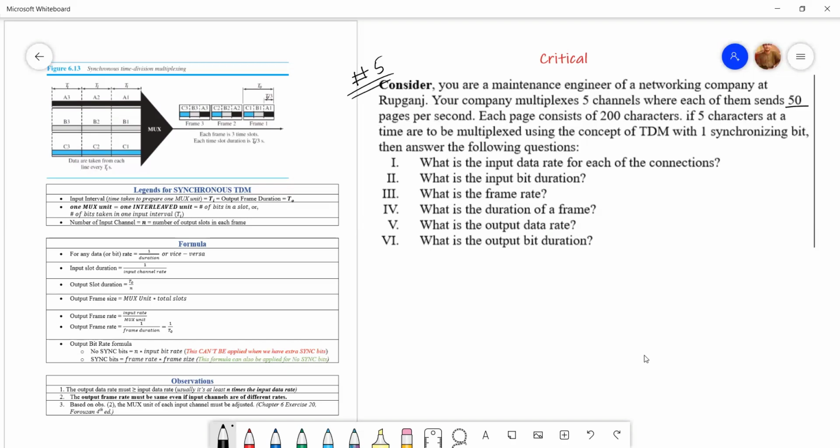Now they're not sending any kind of bits, now they're sending pages, where each of the pages contains 200 characters. Each page is contained by 200 characters. And if 5 characters at a time are to be multiplexed using the concept of TDM with 1 synchronization bit added, then answer the following questions.